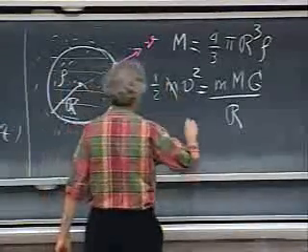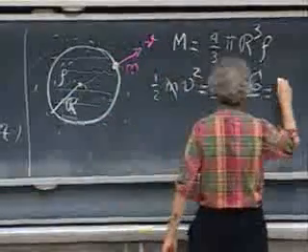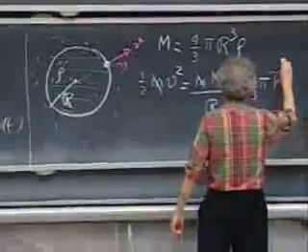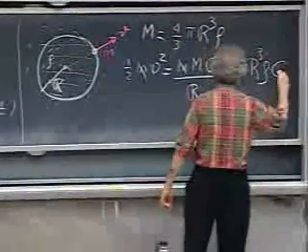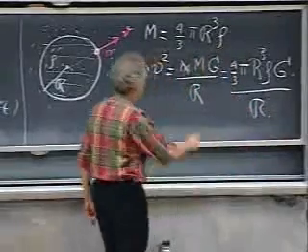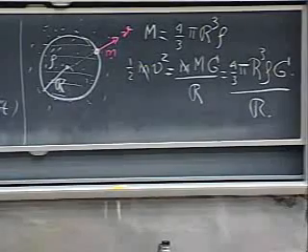Little m cancels out. Well, capital M, I can write 4/3 pi r cubed rho. Here comes my G, and here comes r. Notice that the r cubed upstairs becomes r squared.